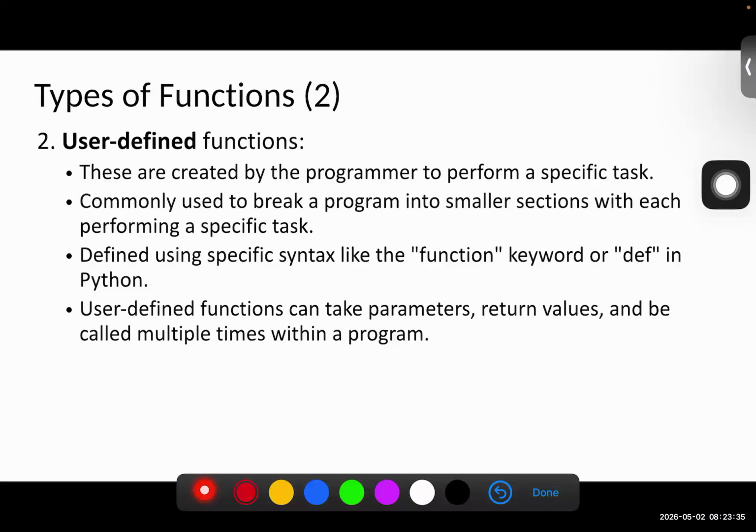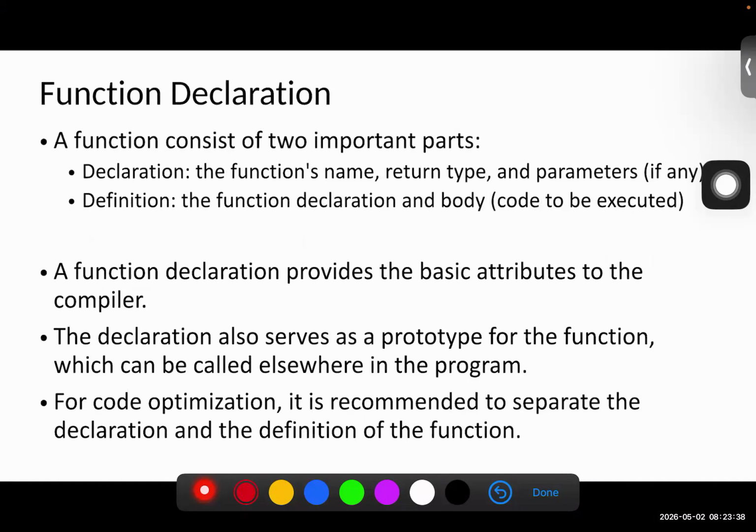Okay, so when we create a function, just like how we talked about with regards to variables, in programming, you cannot use anything without creating it first. And in programming, when you are creating something, we call it declaration. Okay, so how do we declare a function?